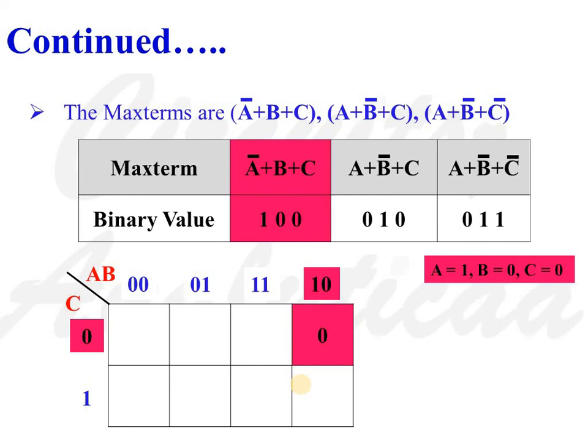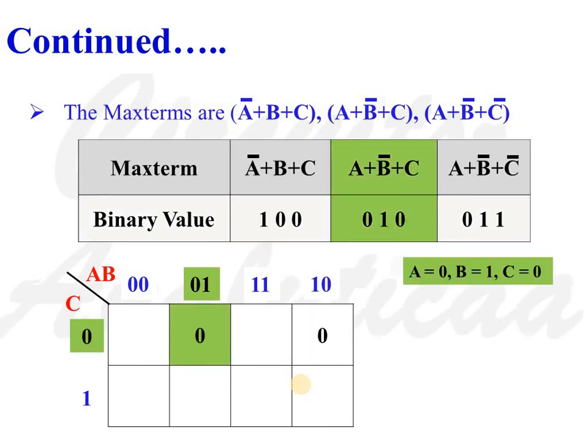That cell is filled with logic 0 as we are mapping max terms of the given standard POS expression. Second max term is A plus B bar plus C. Binary value of the second max term is 010. Locate the cell whose binary value is 010. That cell is filled with logic 0.